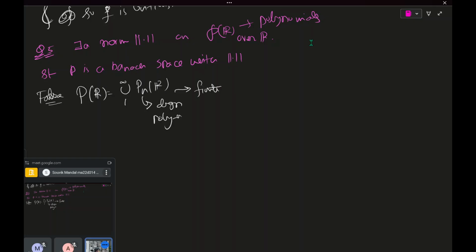And they are closed in P of R with this norm.